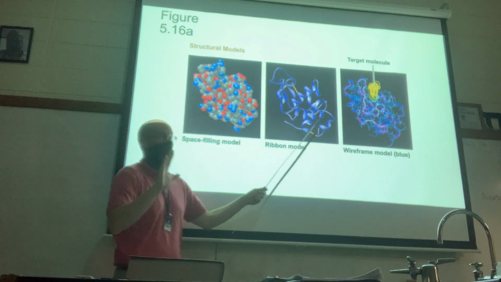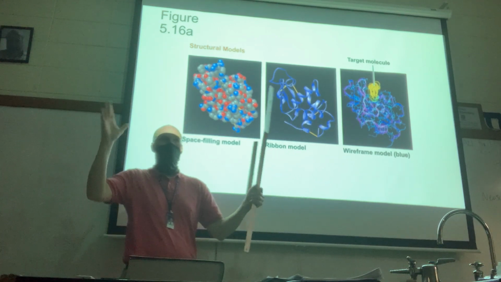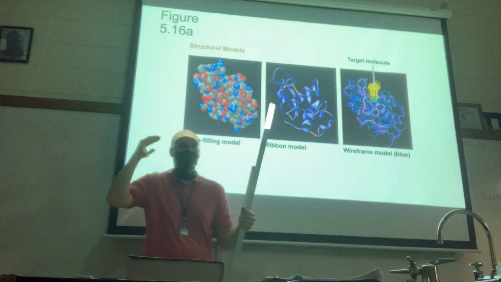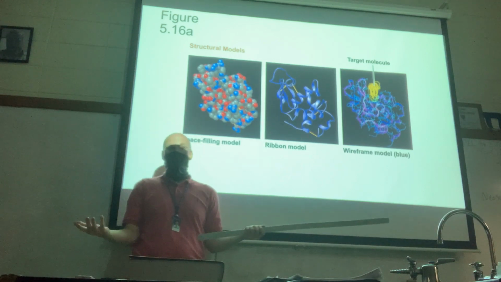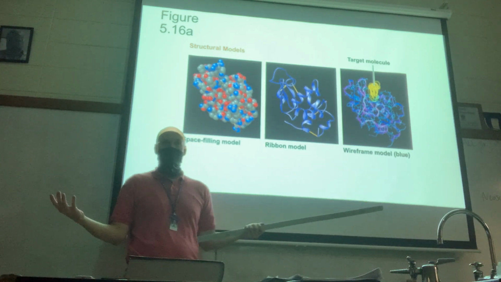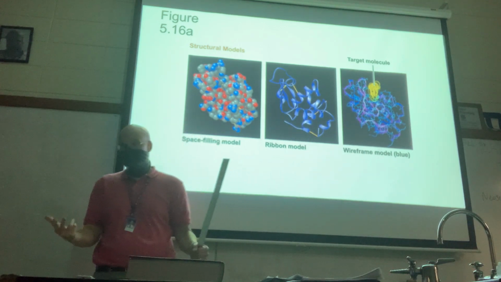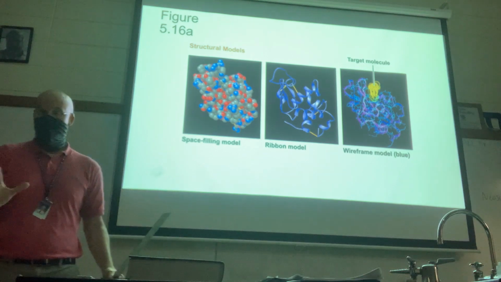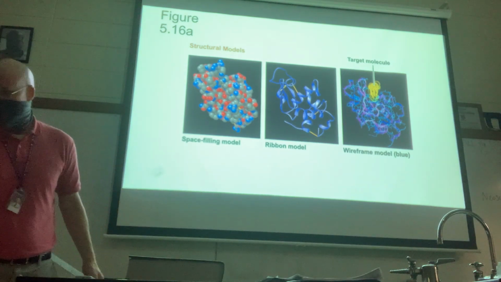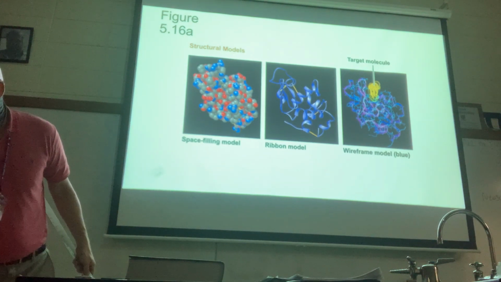If it doesn't have a shape that is useful for one of the functions that proteins serve, then it's just a polypeptide. It's just a bunch of amino acids. But if it has the shape that gives it its function, then we can start talking about using the term protein.